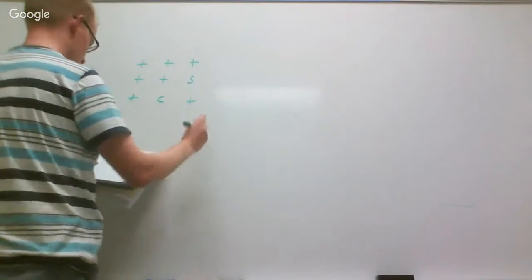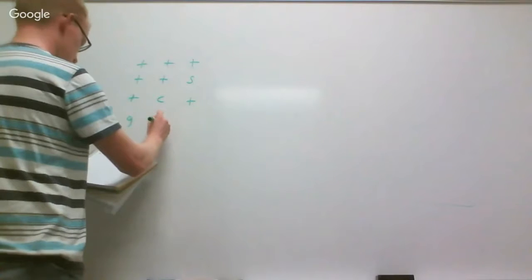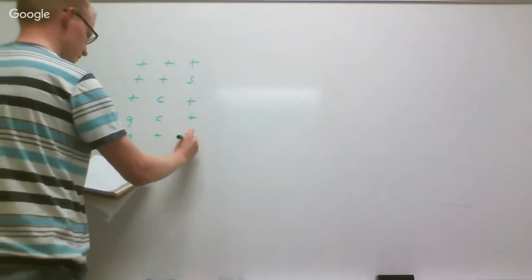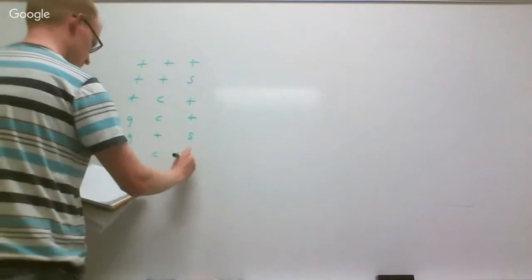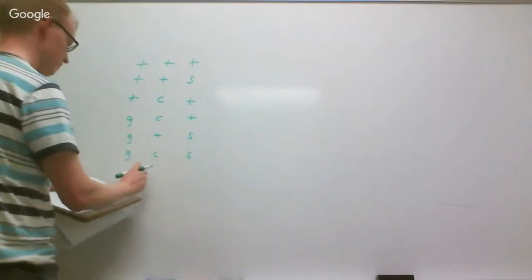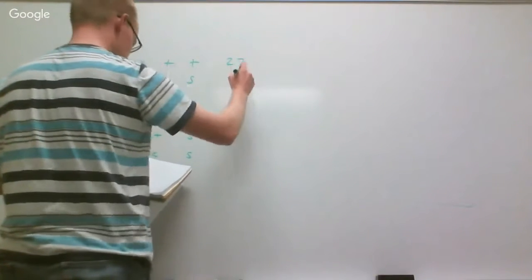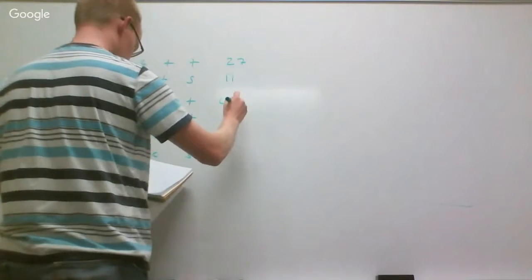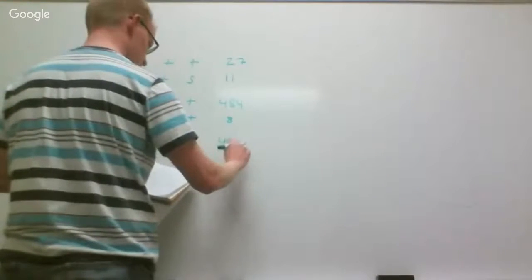Coal body plus, GC plus is next, G plus S, GCS. Okay, now let's get some numbers up there. 27 offspring here, 11, 44, 441, and 20.